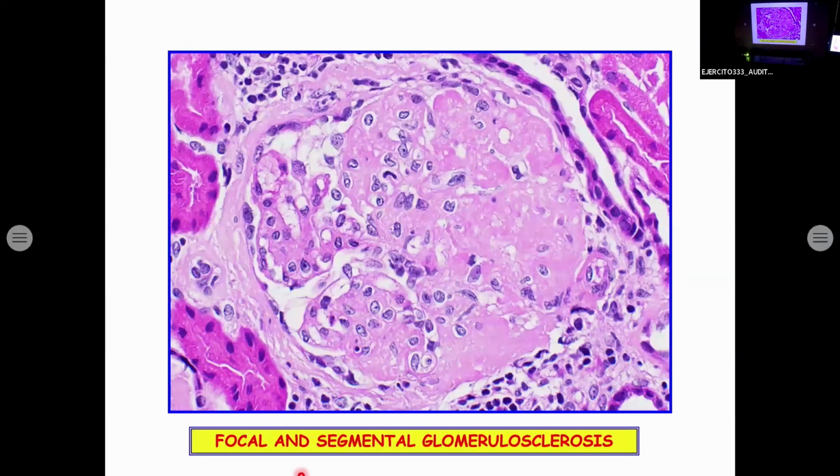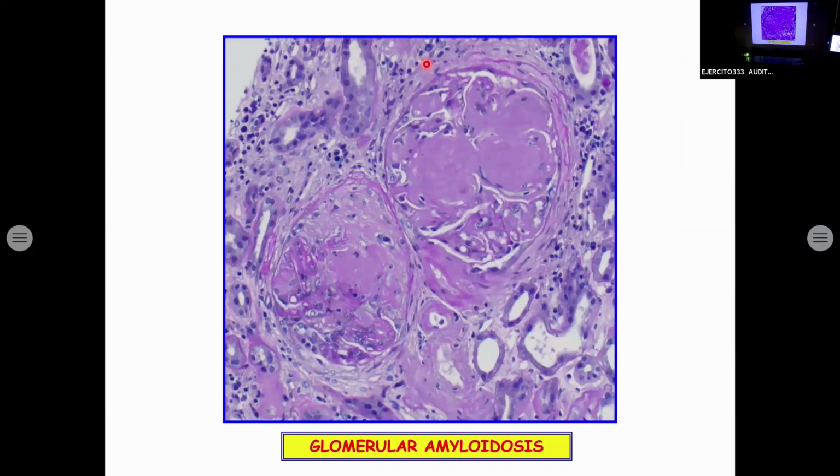Then we have focal segmental glomerulosclerosis, in which a variable proportion of the glomerulus is occupied by sclerosis, by sclerotic material. Normal part of the glomerulus and the glomerulus occupied by sclerosis. Then we may have glomerular amyloidosis.